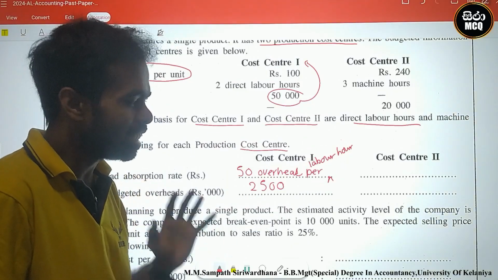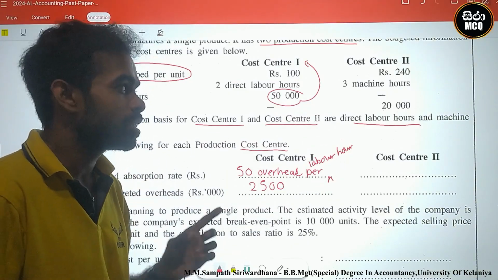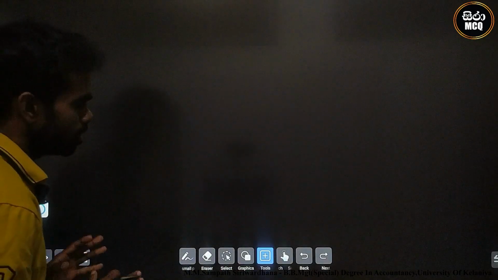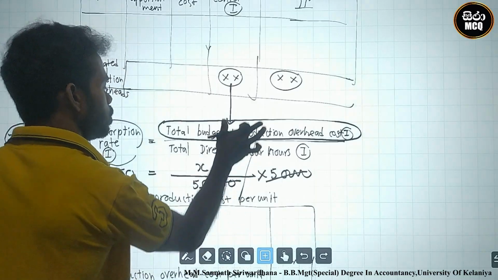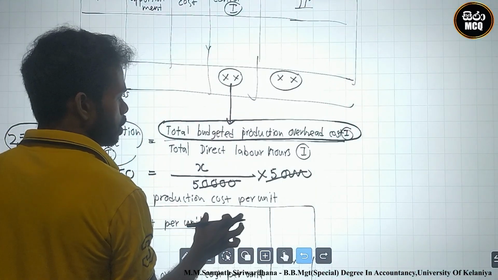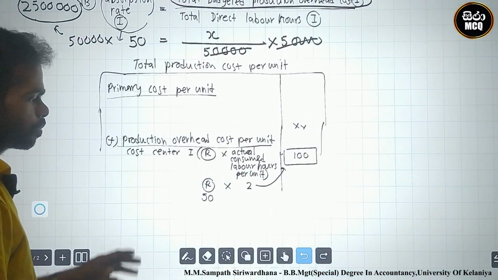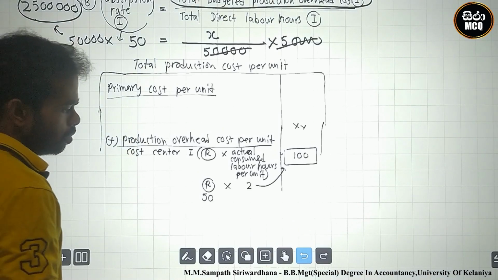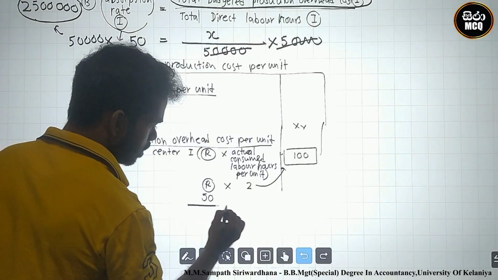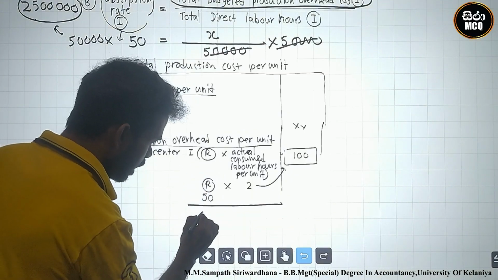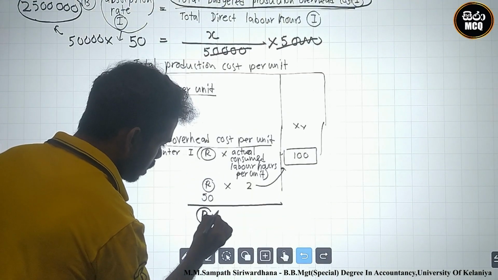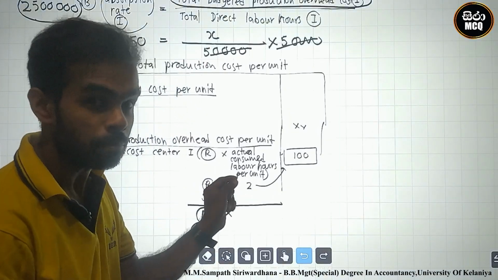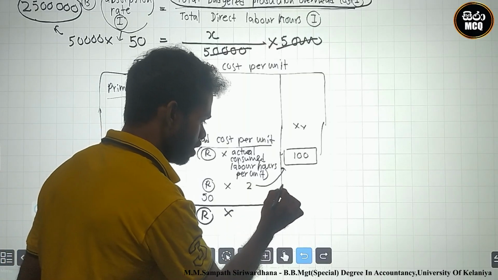Cost center 2 relates to which hours? Machine hours. Therefore, I use this flow for cost center 2. The rate is there. We multiply by the actual consumed machine hours, not labor hours.